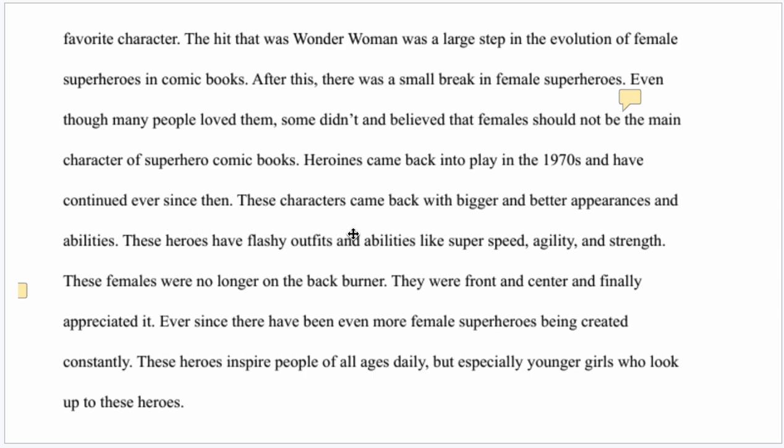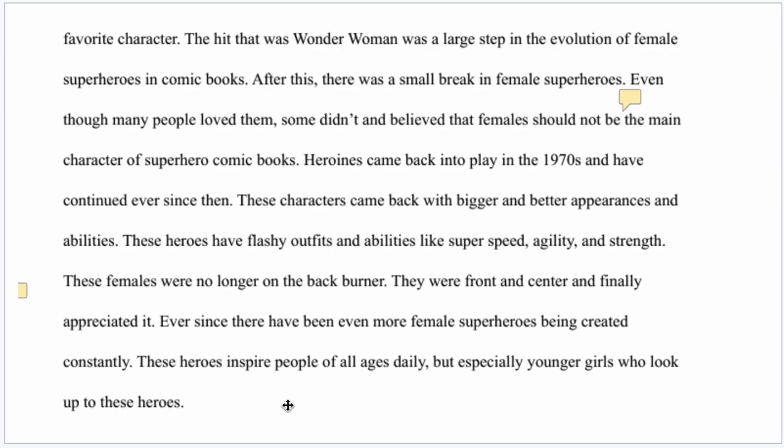These characters came back with bigger and better appearances and abilities. These heroes have flashy outfits and abilities like super speed, agility, and strength. These females were no longer on the back burner. They were front and center and finally appreciated it. Ever since, there have been more female superheroes being created constantly. These heroes inspire people of all ages daily, but especially younger girls who look up to the superheroes.